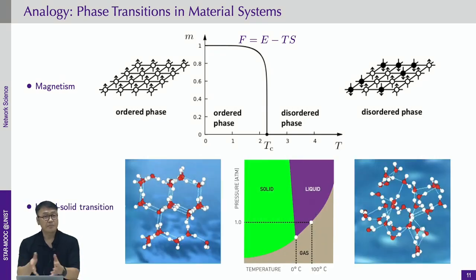A water-vapor transition or water-ice transition can also be understood in a similar manner. At low temperatures, a system of H2O molecules exists as an ice crystal, but at high temperatures, the molecules show a disordered phase like water or vapor.